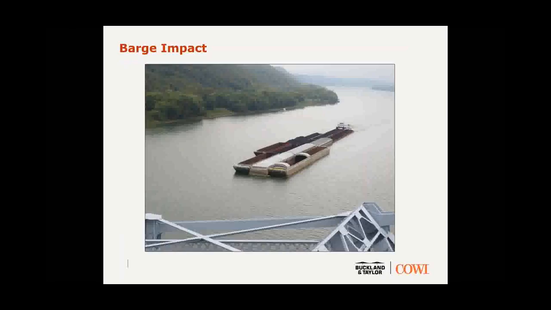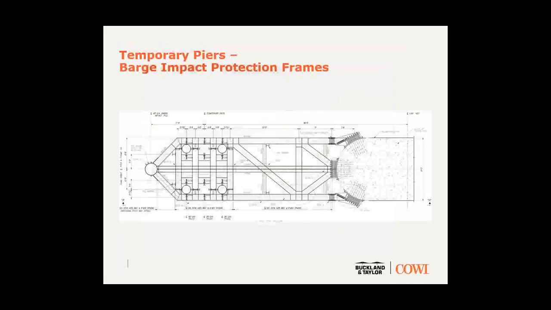And that resulted in several large frames being required to brace those temporary works and protect them against an accidental barge impact. Even though they're located on the downstream end of the bridge, the potential lateral impact from a barge drifting sideways and even an upstream impact had to be considered.